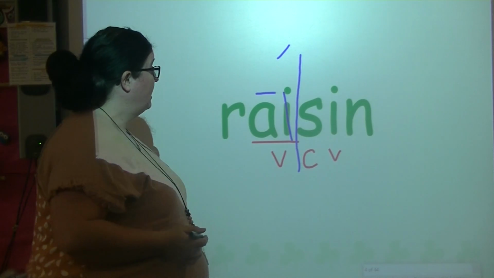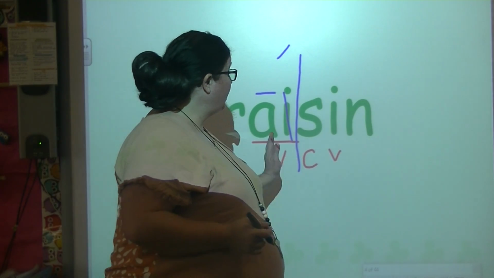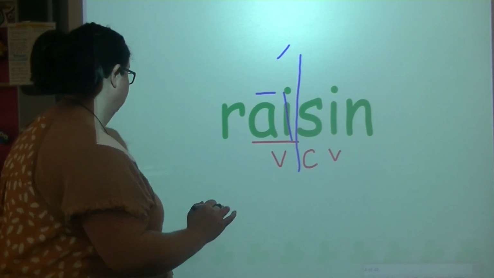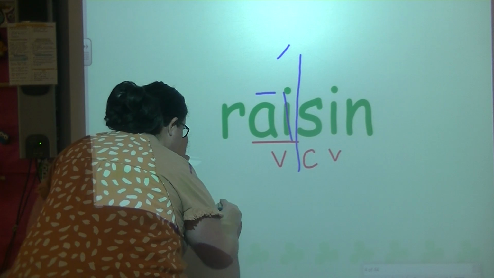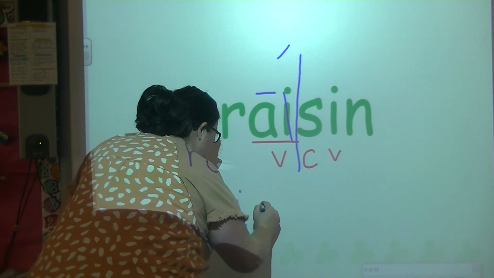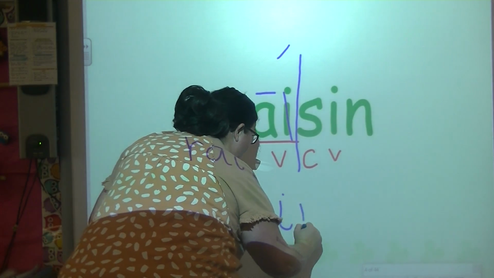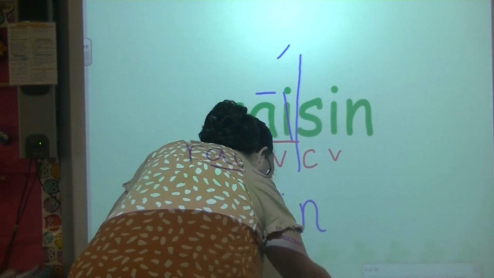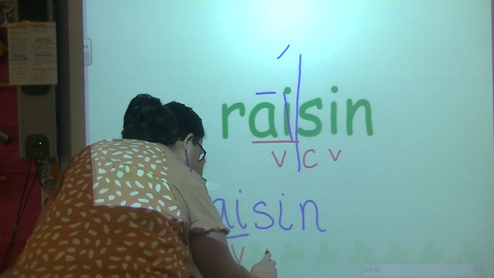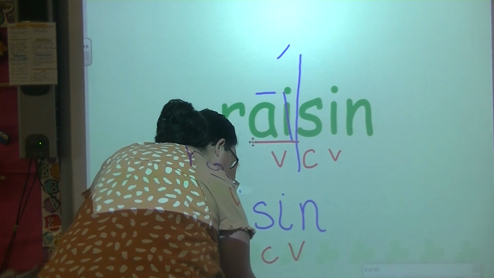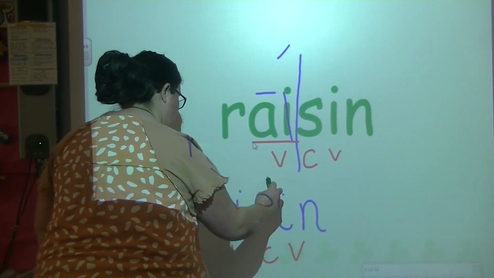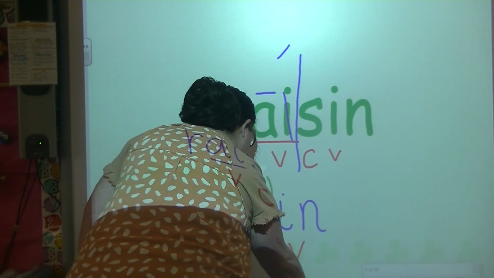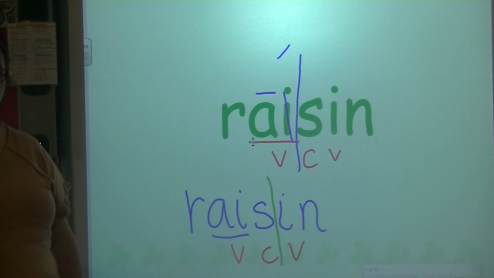If we move this line over, let's look at it here. Just say I decided to move the line over to here. What would happen?